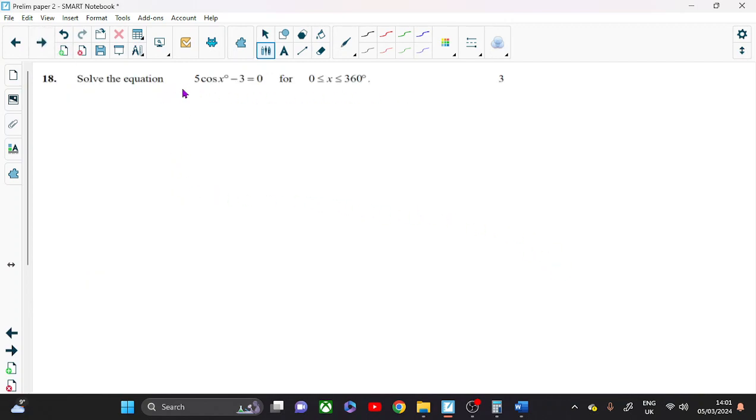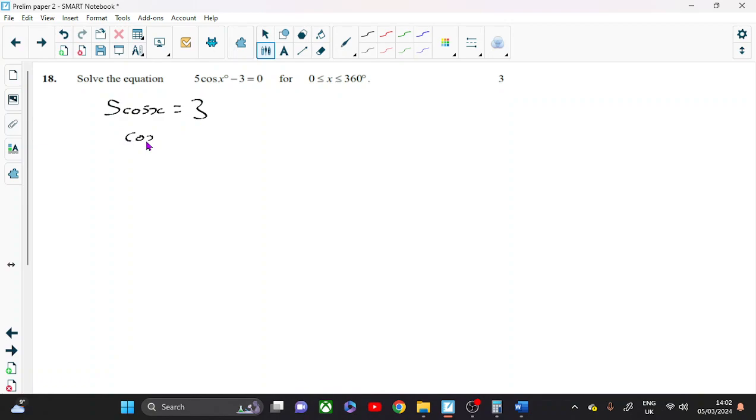And finally, solve the equation 5 cos x minus 3 equals 0 for x between 0 and 360. Again, this is one where we need to rearrange and use the inverse cos function. So we have 5 cos x will equal 3.